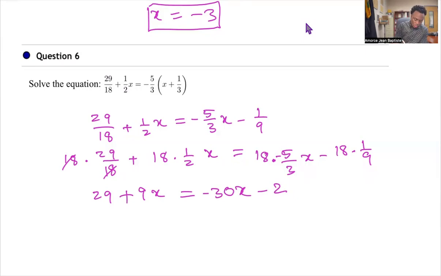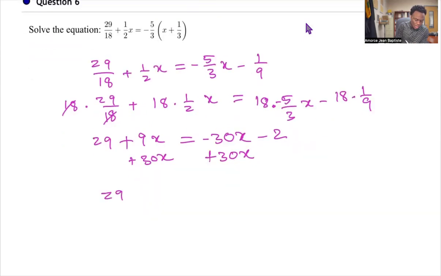Now let me add 30x on both sides. That's 29 plus 39x equals negative 2.